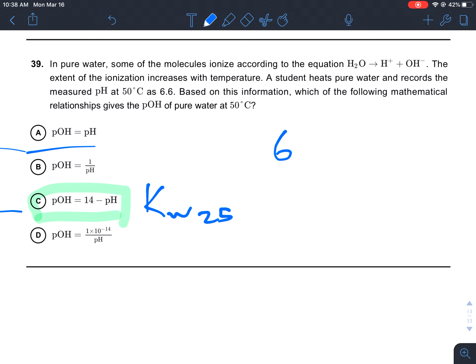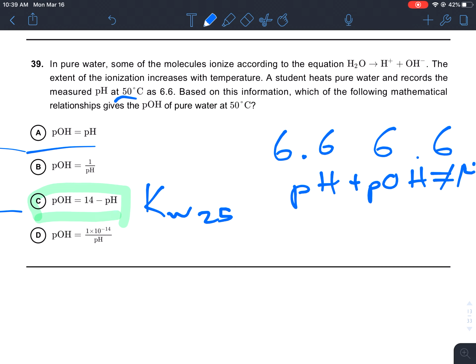So yes, the pH is 6.6, the pOH is 6.6, but at 50 degrees Celsius, the pH plus the pOH does not equal 14, okay? This is only true at Kw at 25 degrees Celsius. Here it would be 13.2, which is very strange, but it does happen.